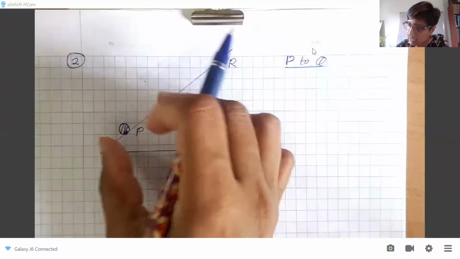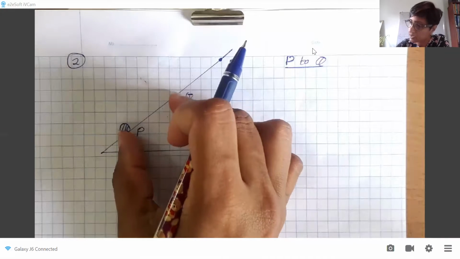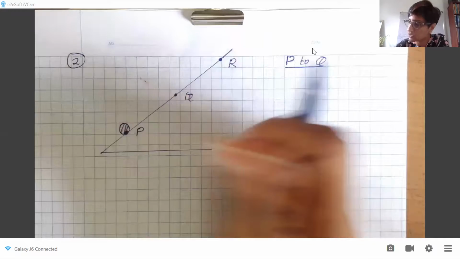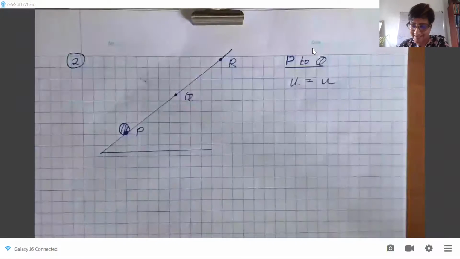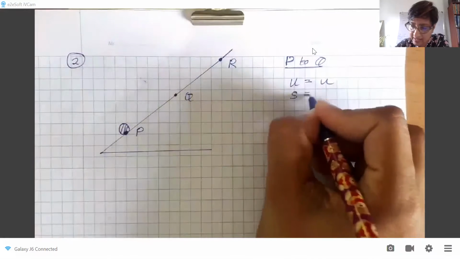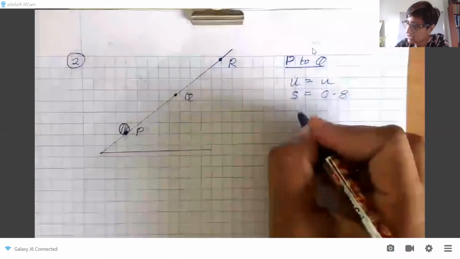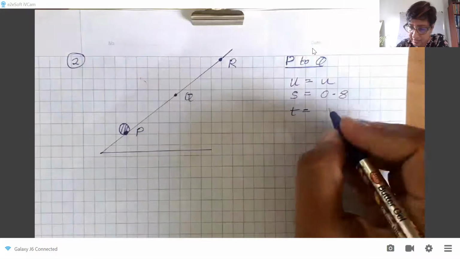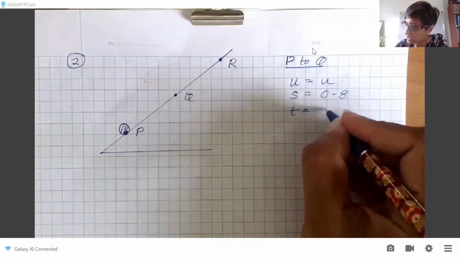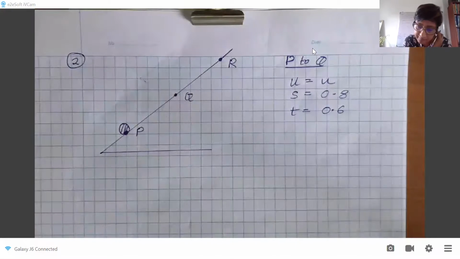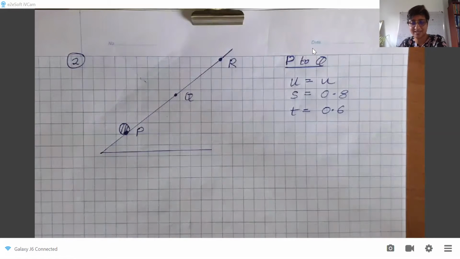So if I just consider the P to Q section, U is U, S is 0.8, T is 0.6. I can find A right from there, isn't it?